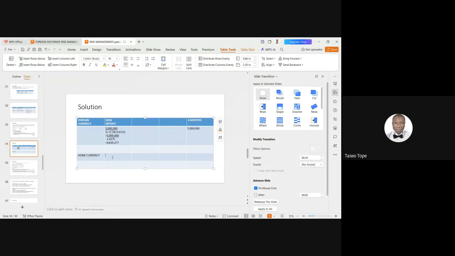So now, in home currency, 4,819,277 will be equivalent to 385,542. Is it perfectly 542?